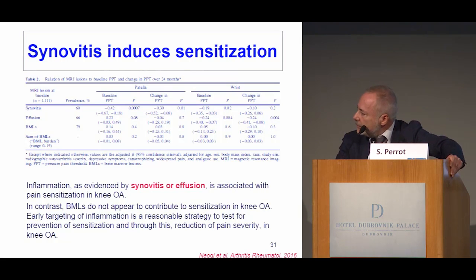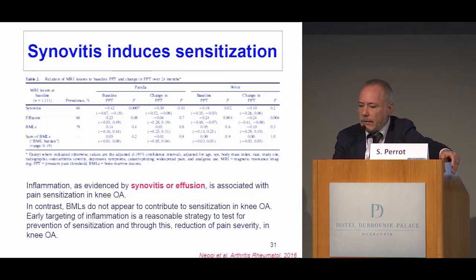Here is a very interesting study, again demonstrating that if you look at the MRI findings on the joints in these patients and the central sensitization, synovitis and effusion are the most important structures involved when there is more central sensitization, compared, for example, to bone marrow lesions that are not so important in this study to induce central sensitization.